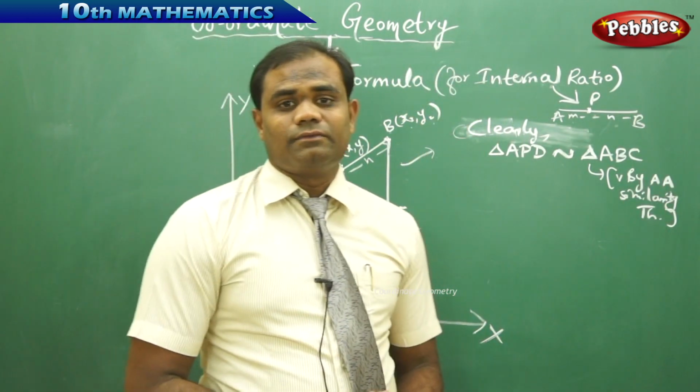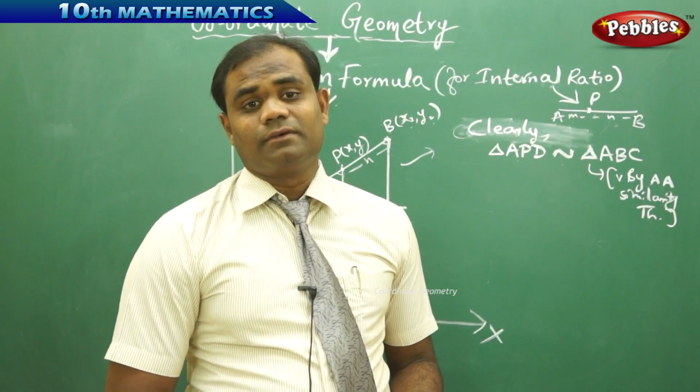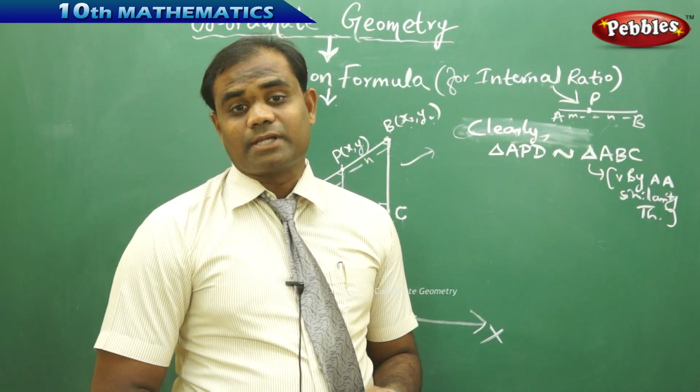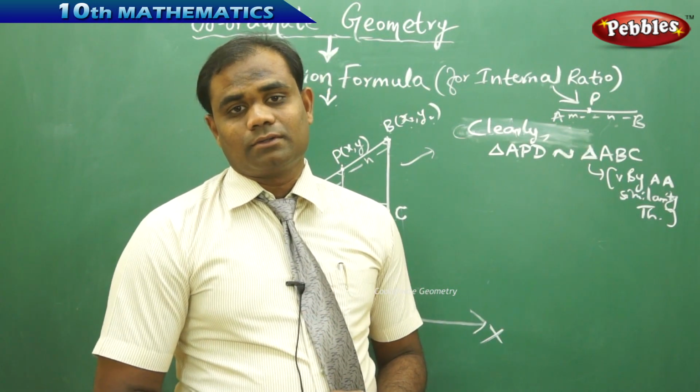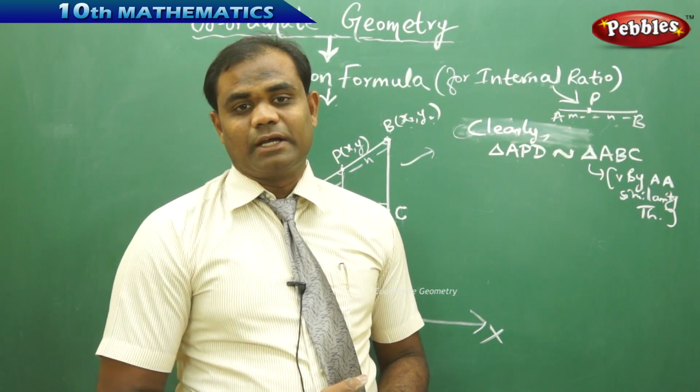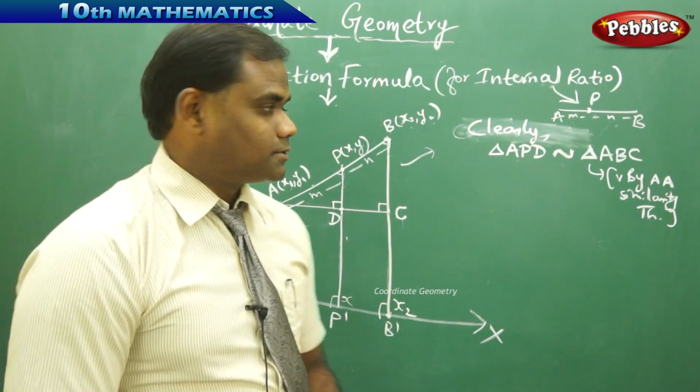Now we know that when two triangles are similar, we have the property that the corresponding sides are in the same ratio, the similarity property which we have discussed in the previous sessions.